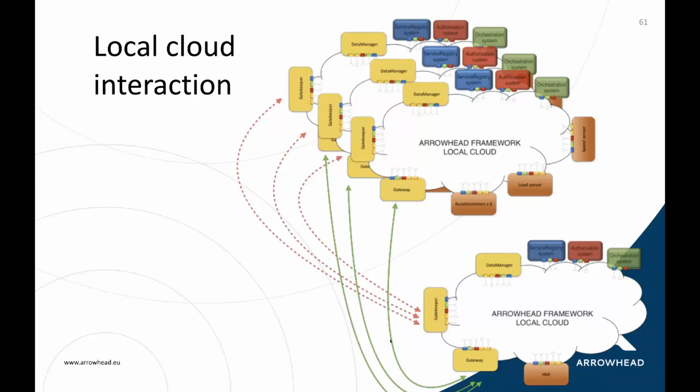And this exchange, the green lines here, is always using MQTT as the protocol, which is mandated for this intercloud communication in the current implementation, and has been proven as a very high security way of transferring data over open internet.